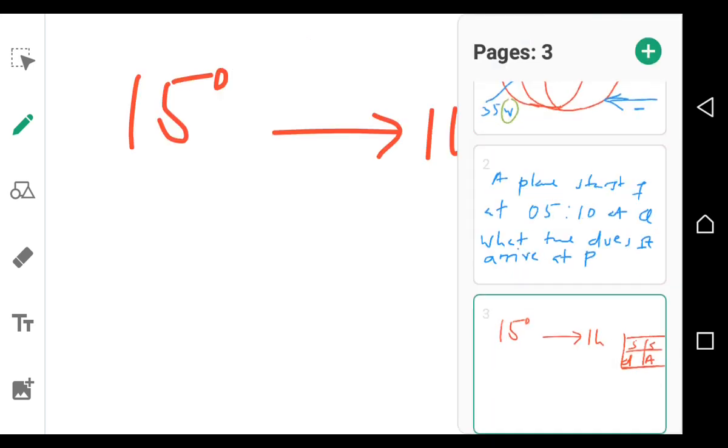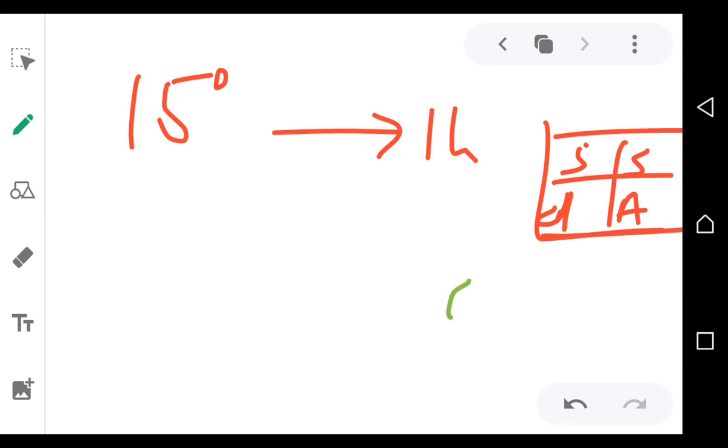So the angle I'm looking for, theta, will be equal to 120 minus 35. What is 120 minus 35? It is 85 degrees.